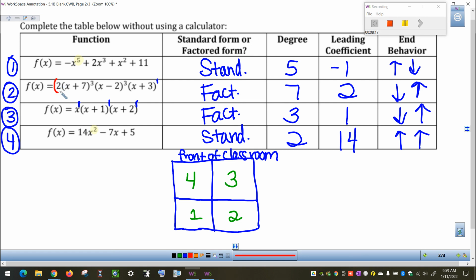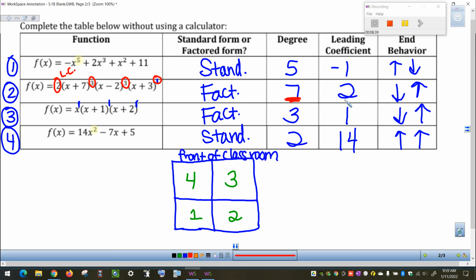That 2 is actually just the leading coefficient. Notice how there's no x attached to it, so we don't need to worry about that in terms of figuring out the degree. We're just going to think about adding the exponents that we see, 3 plus 3, and then we have an invisible 1 exponent attached to the parenthesis at the end, so that's going to give us a degree of 7. Notice how that leading coefficient was the 2 in the very front, and that gives us an end behavior of down, up.